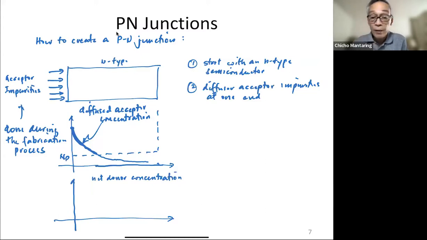What is this? This is just going to be ND minus this. So my net donor concentration is my original concentration minus my diffused acceptor concentration.